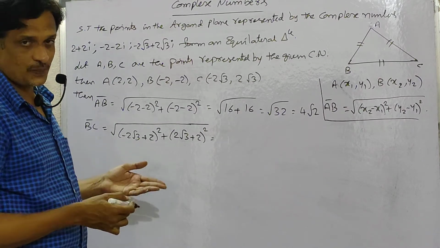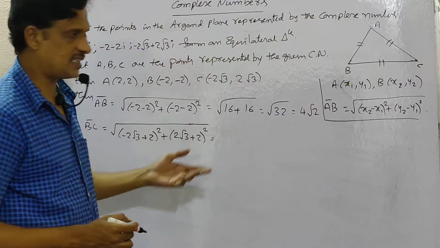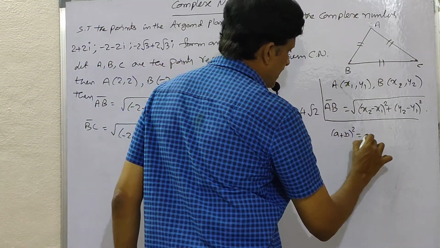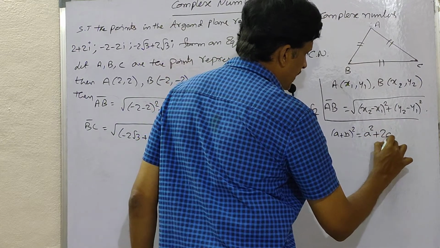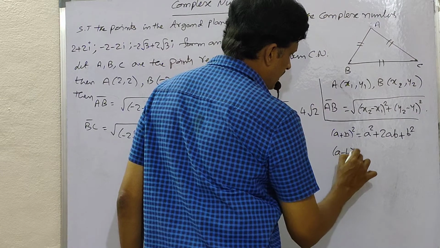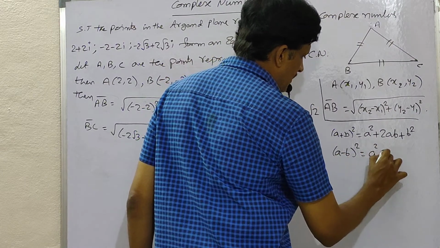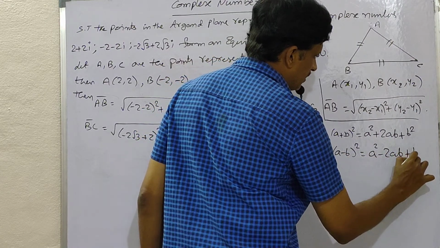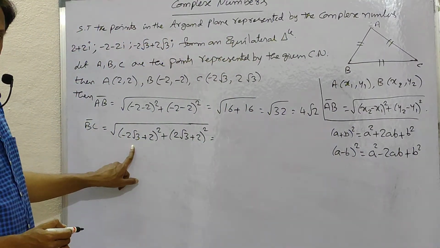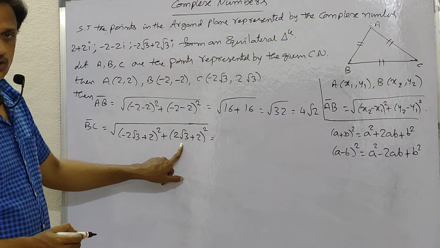Even by writing the expansion you can do it, but try to understand this concept. (a plus b) whole square is a square plus 2ab plus b square, and (a minus b) whole square is a square minus 2ab plus b square. Here a is 2 and b is 2 root 3.